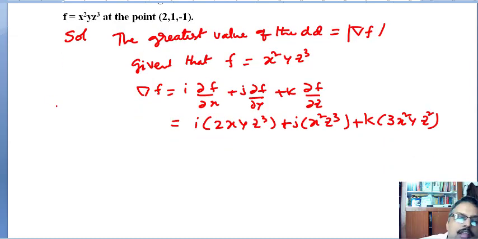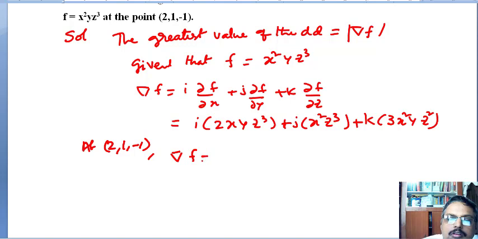At which point? At the point (2, 1, -1). At the point, what is del f? Z cube is -1, into y, -1, into x, -2 into 2, that is -4i. Then x square equals 4, into z cube is -1, that is -4j.